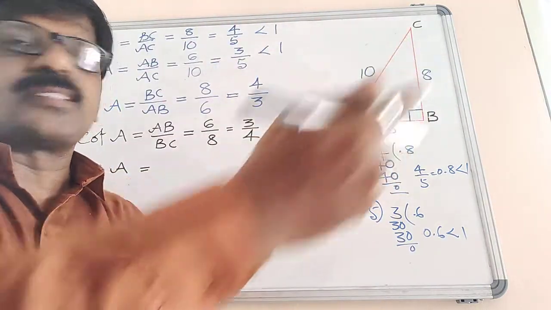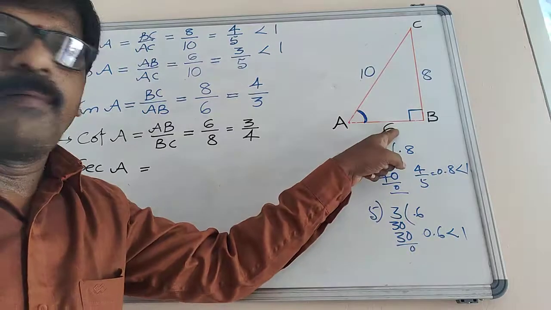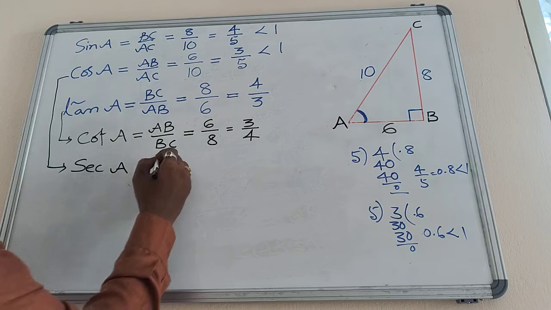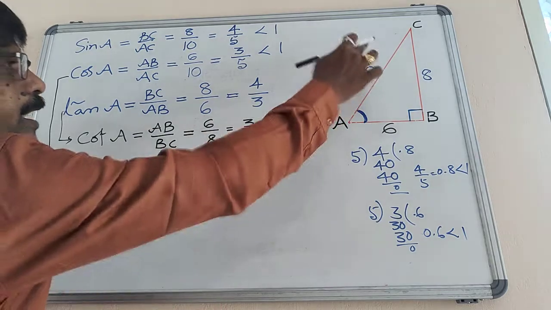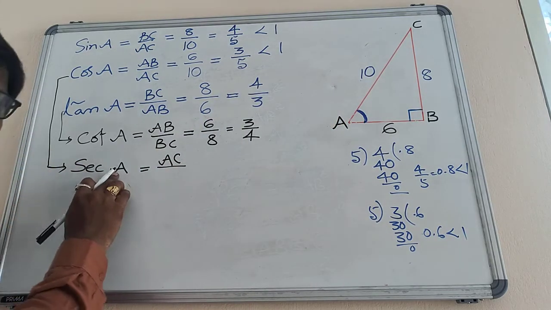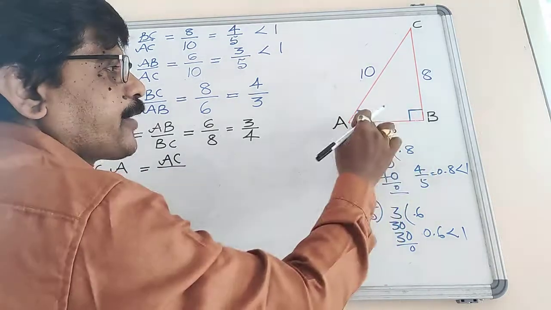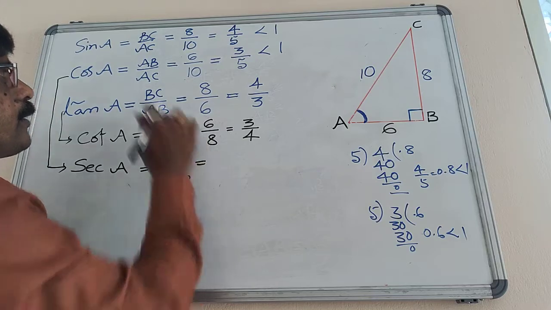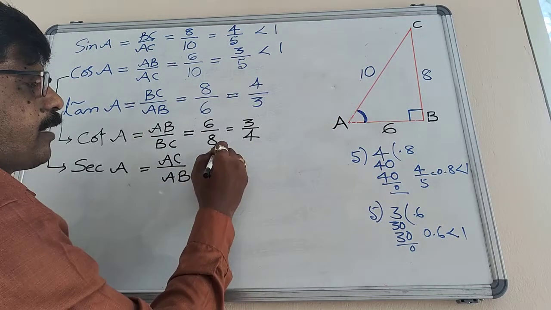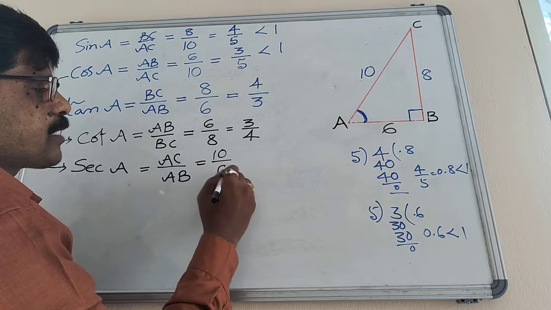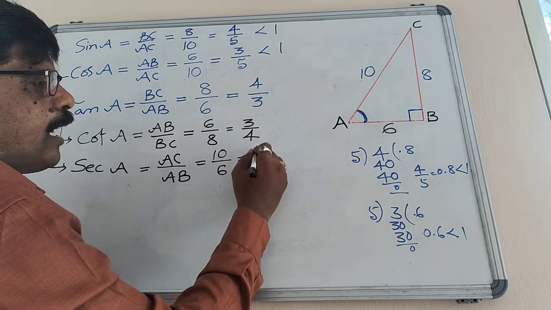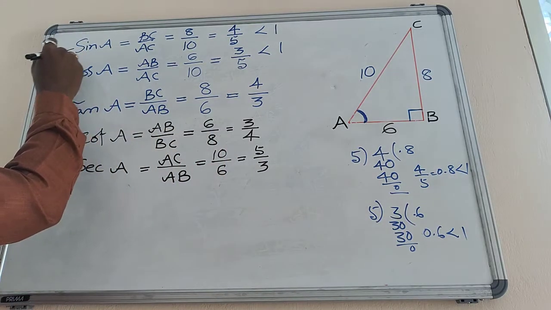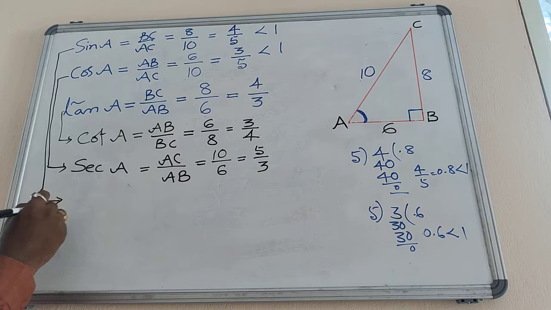Its reciprocal is hypotenuse by adjacent side to A. Clear? Now we can write hypotenuse AC by, A is the acute angle, కాబట్టి adjacent side to A, AB. Okay, reciprocal. Now AC value is 10 by 6. 2 5s are 10, 2 3s are 6. Clear?